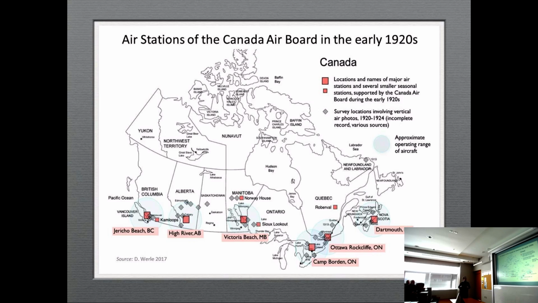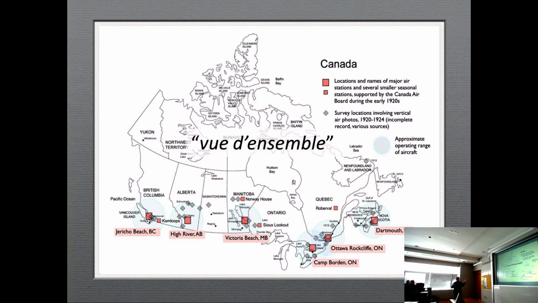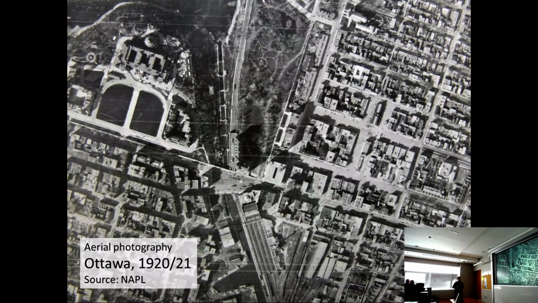So that was the intent of the very early effort, and it was an effort, as the French called it during the First World War, and then here in Canada, the vue d'ensemble, the overview, to have it covered from coast to coast. The very first survey was done in 1920 over Ottawa.